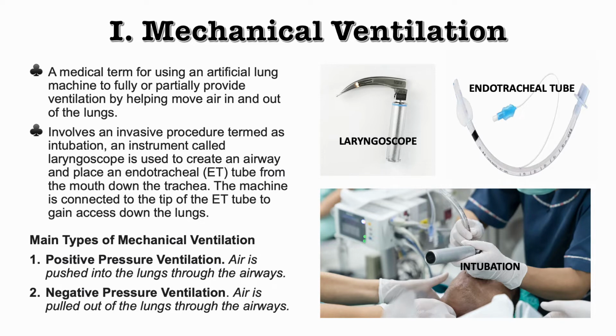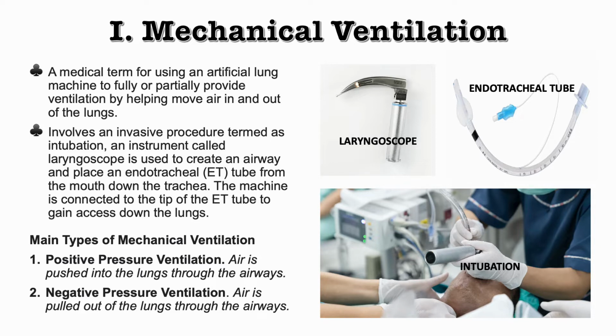Mechanical ventilation also involves an invasive procedure termed intubation. An instrument called the laryngoscope is used to create an airway and place an ET tube from the mouth down the trachea. The machine is connected to the tip of this ET tube and gains access down to the lungs.